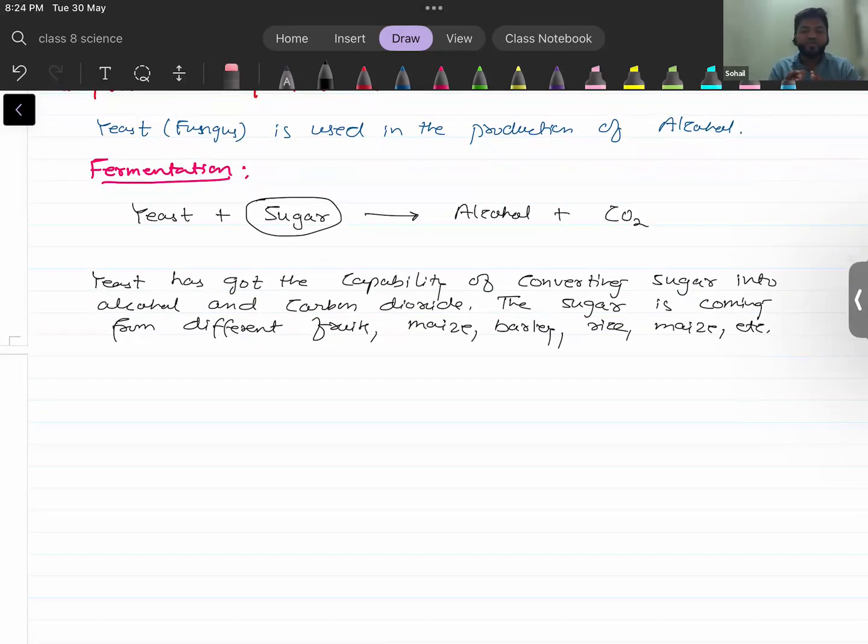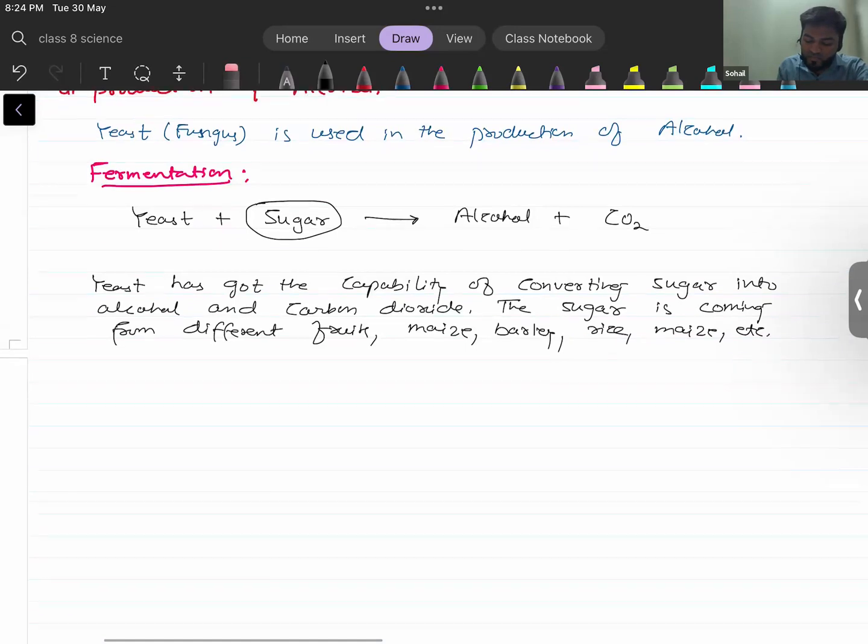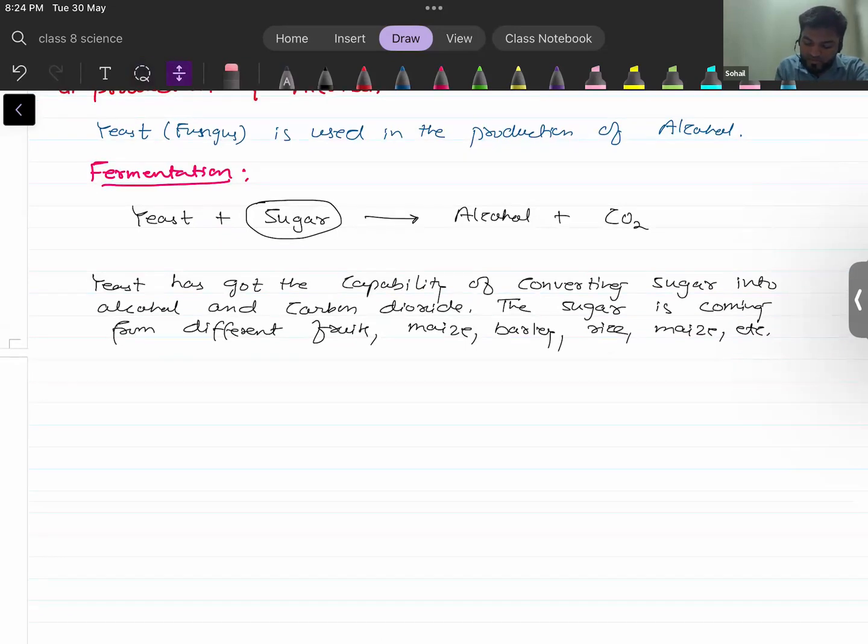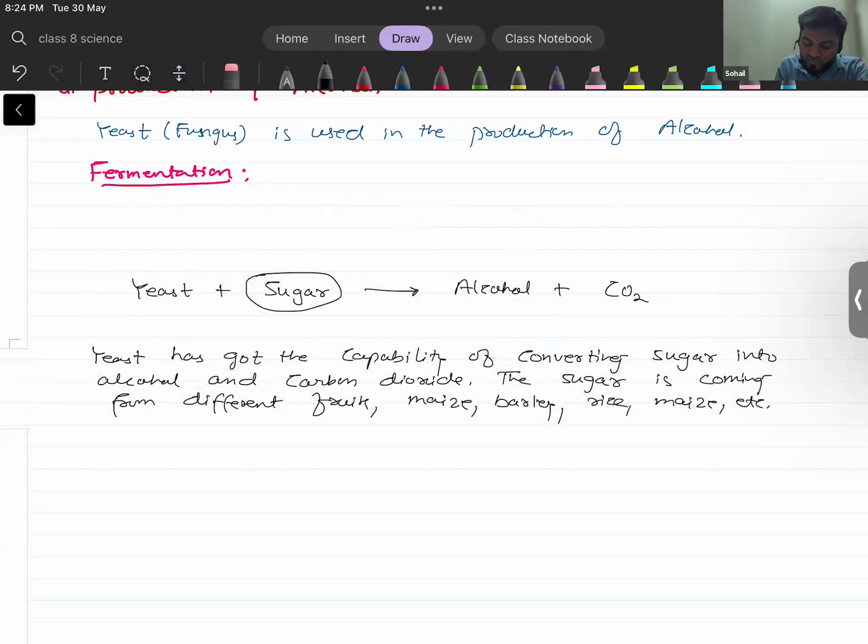We say that the process of conversion of sugar into alcohol by the action of yeast is simply called fermentation. So define this. How to define fermentation?